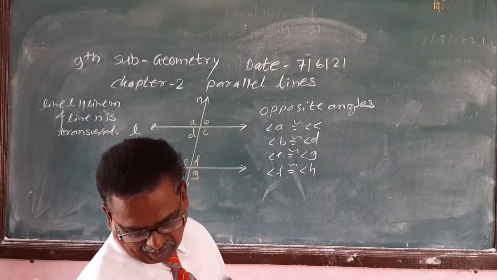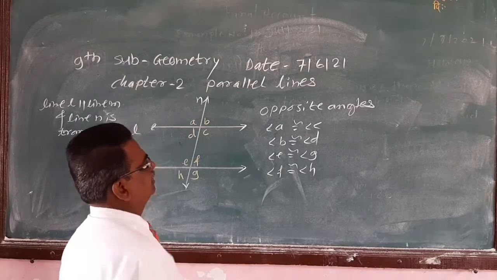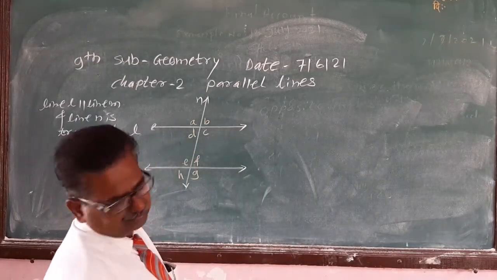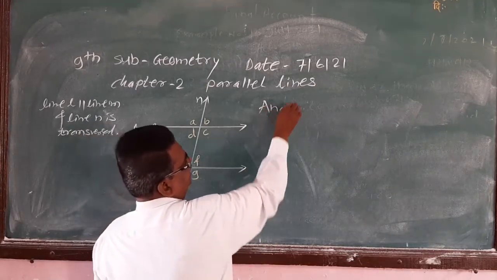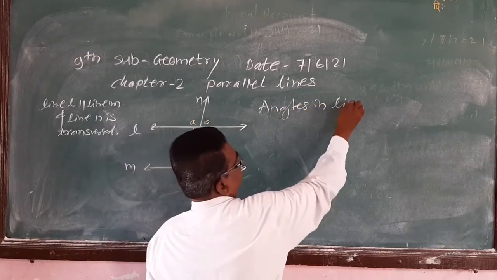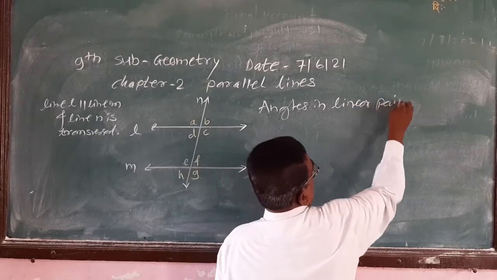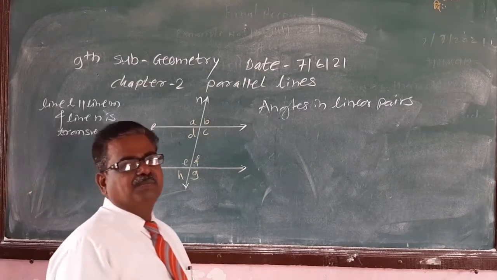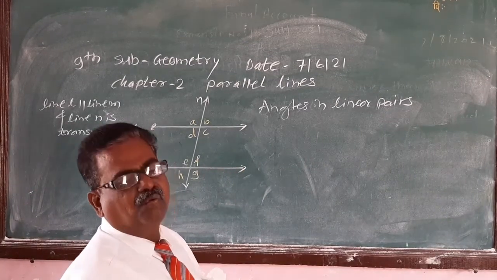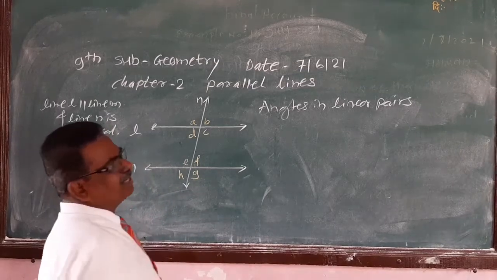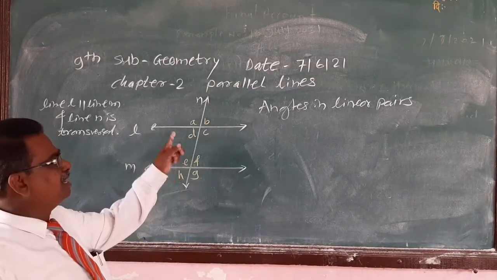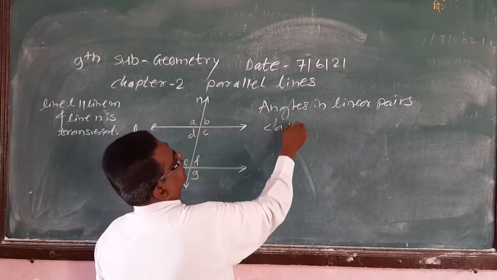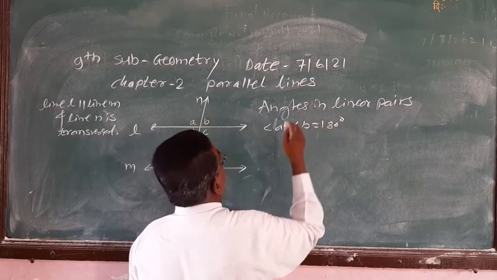Next property, second property: the angles in linear pair are supplementary. Angles in linear pairs are supplementary, means sum of these two angles is 180 degrees. Which angles are in linear pairs? Angle A, angle B. Angle A plus angle B is equal to 180 degrees.